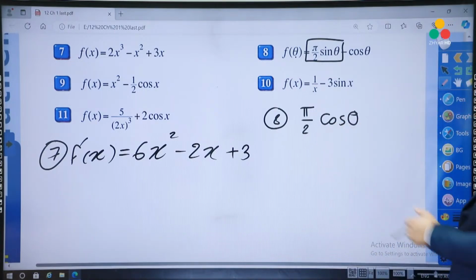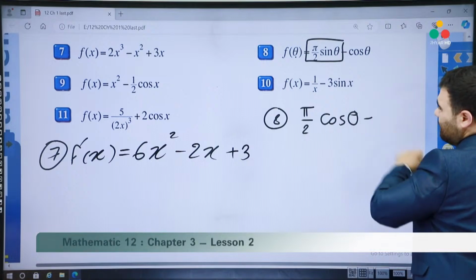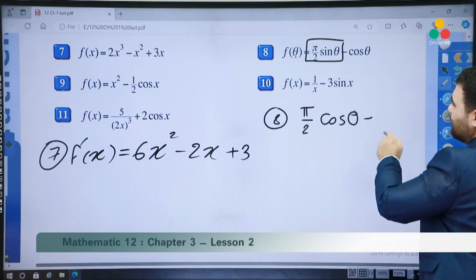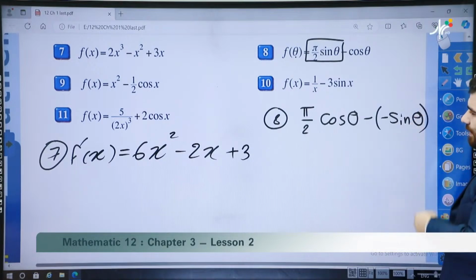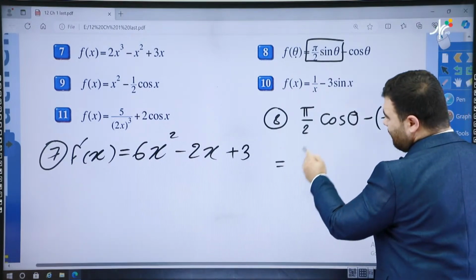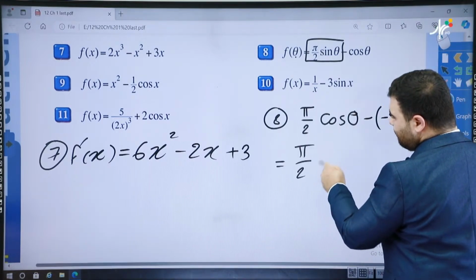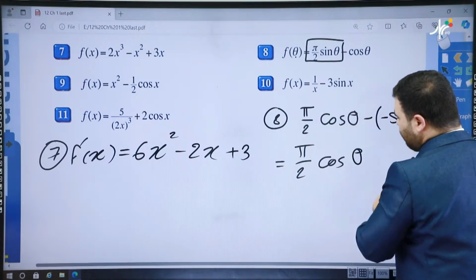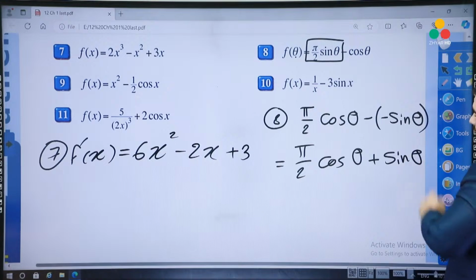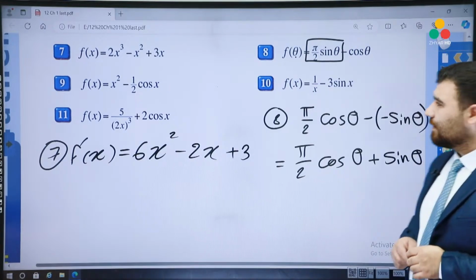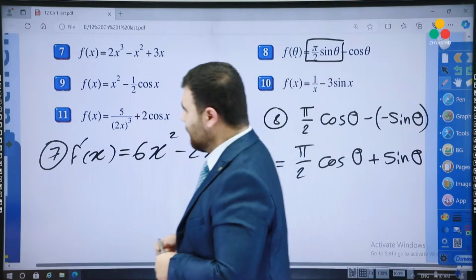Finish. Minus, this minus as it is. Derivative of cosine is negative sine theta. Now if I simplify this, it will be pi over 2 cosine theta minus minus is plus sine theta. This is the answer. Now question 9.